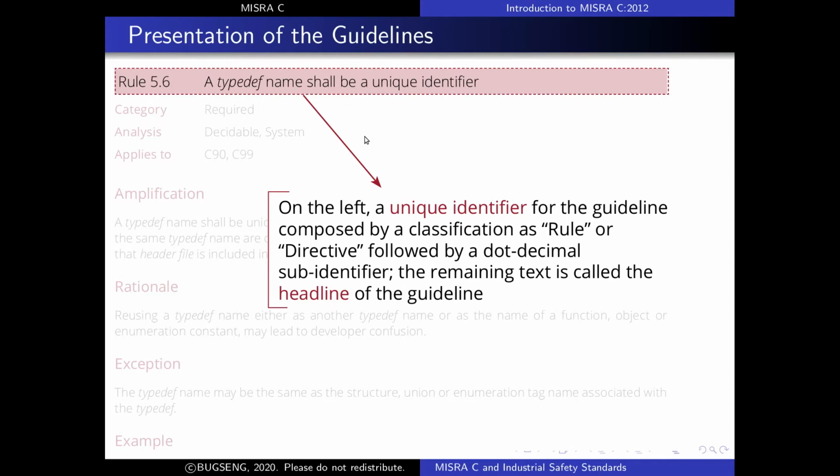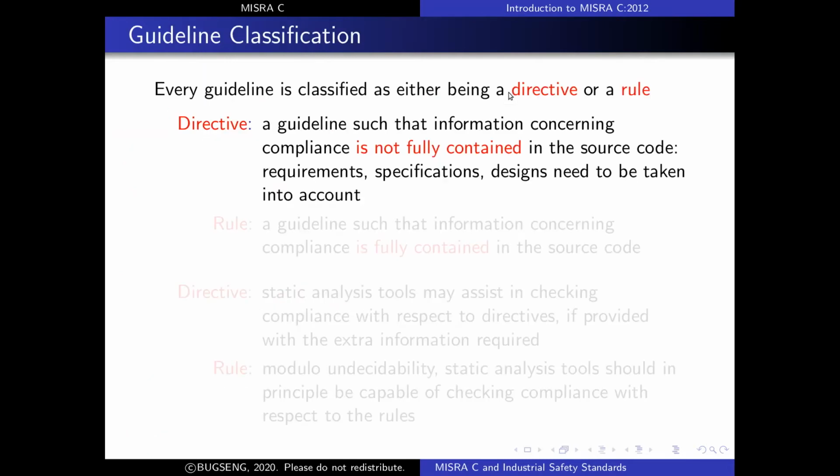Many of you maybe are more used to the expression coding rule. However, the rules are only a part of the guidelines of MISRA C. There are also directives. We'll see this in a second. And then there is a very short summary of the rule, which is called the headline.